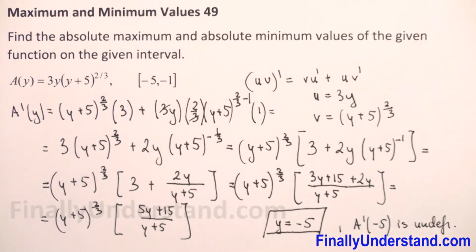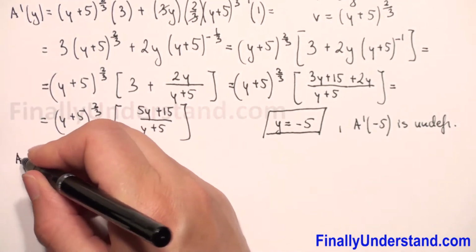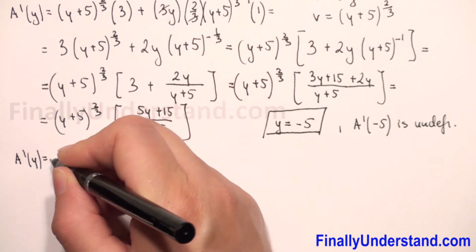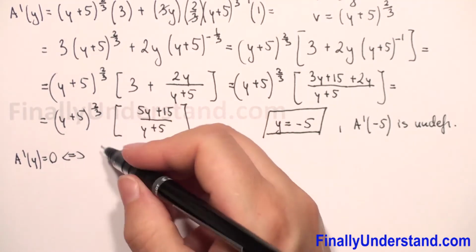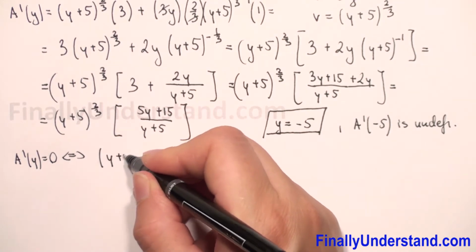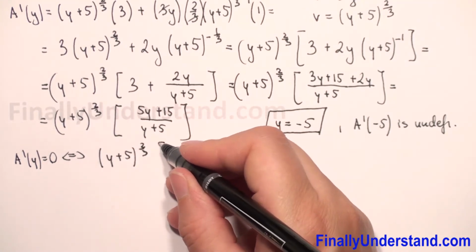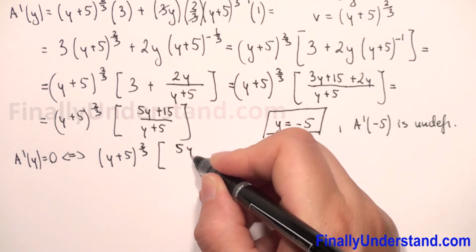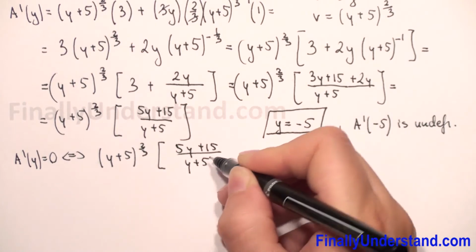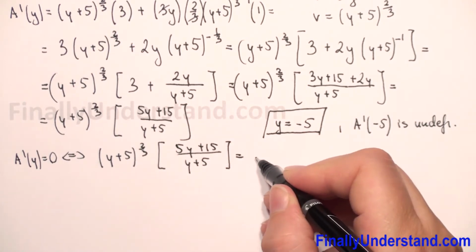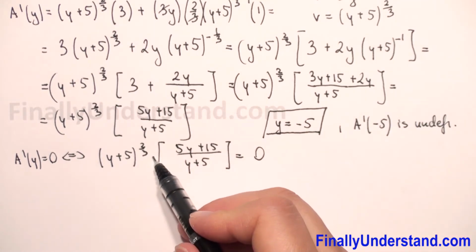Next, we have to set our derivative equal to 0, so we have a prime of y is equal 0 if and only if this whole expression, so we have (y plus 5) to power 2 over 3 times (5y plus 15) over (y plus 5) is equal 0. So we have multiplication here.